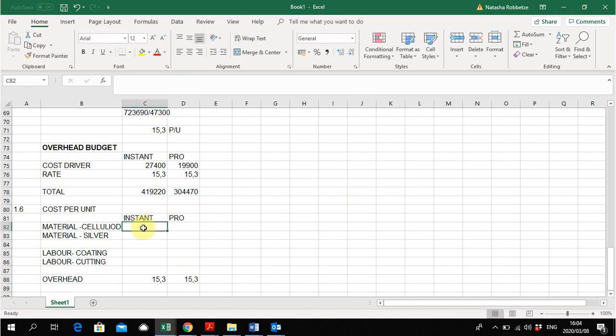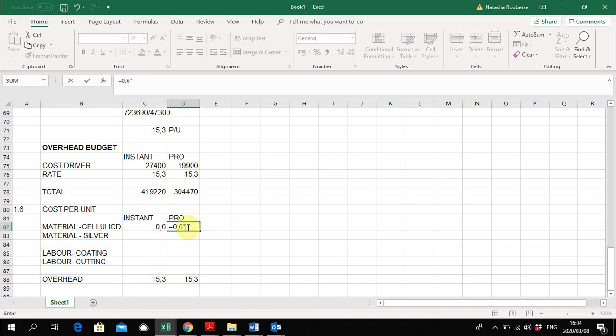Then for the celluloid, if I go to Instant Image, I need to go and find the information that relates to this product only. And we are told in terms of the celluloid, the Instant Image uses 0.4 kilograms, and the price of the celluloid is given as 1.50. For the Pro, it is of celluloid 0.6 kilograms.